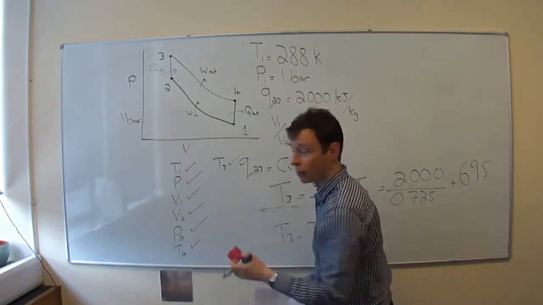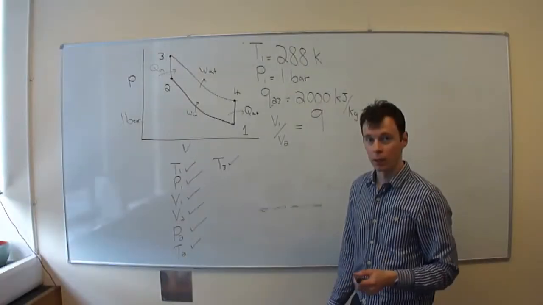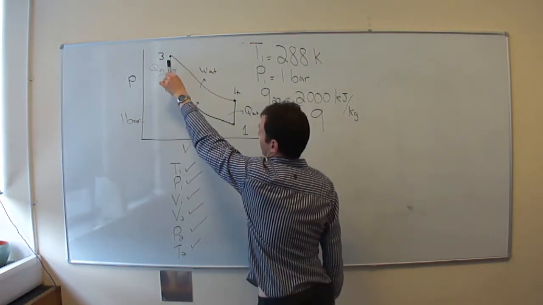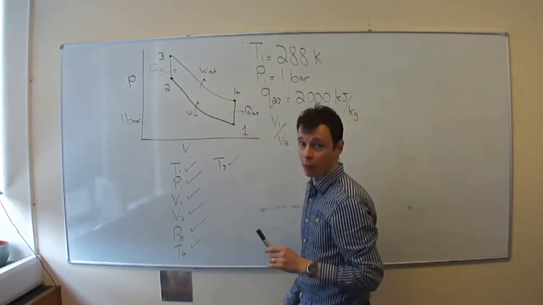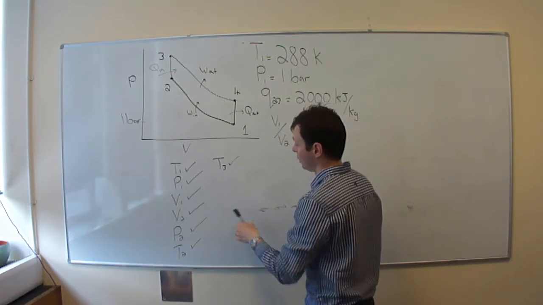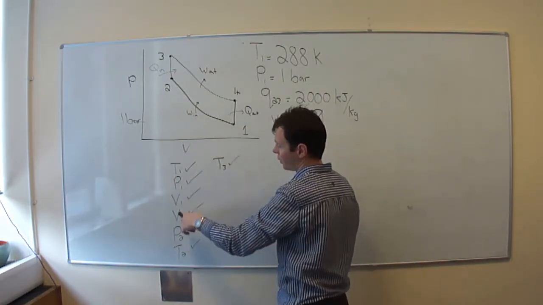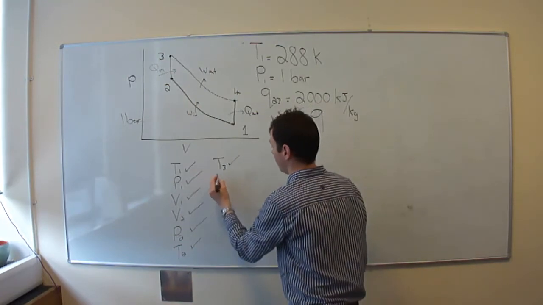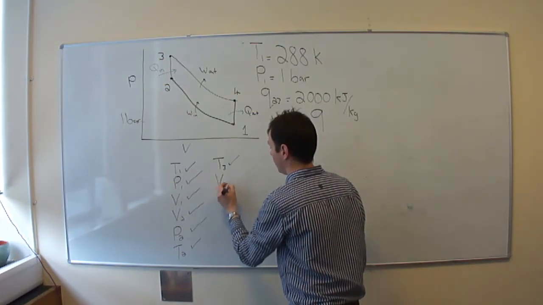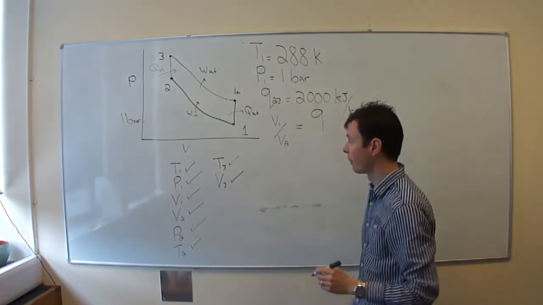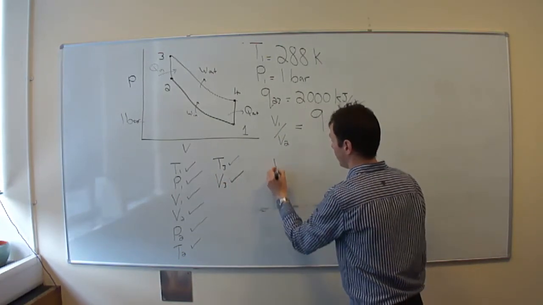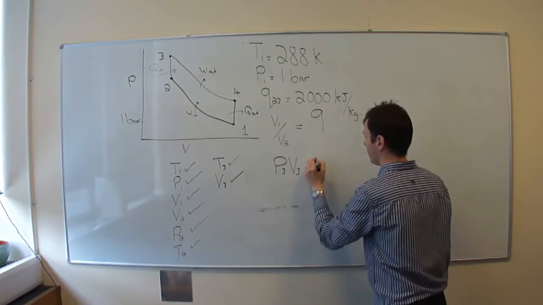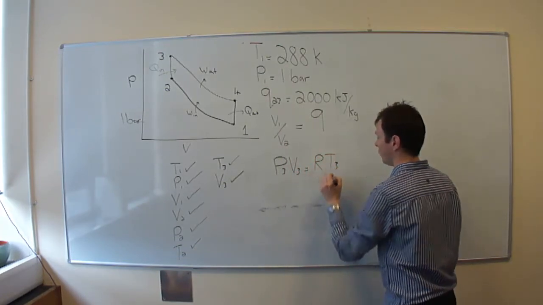Okay, so adding to our list now, we now know T3. And we're almost there. Right, last little hop. We need to find P3 for this part of the question. Very close. We know V2. V3 is obviously equal to V2. So we can tick off V3. Now we can just write P3 V3 equals R T3.